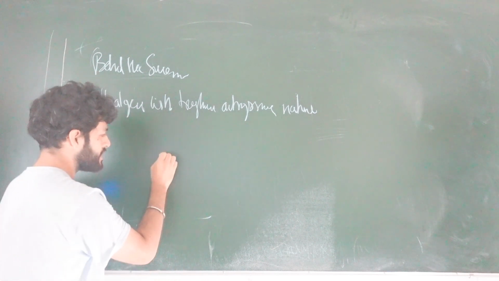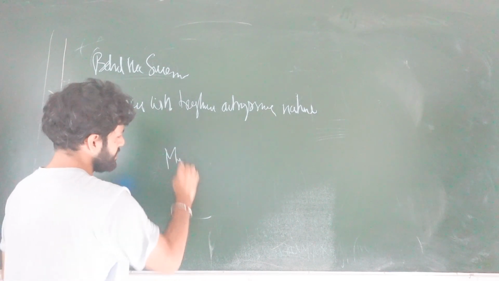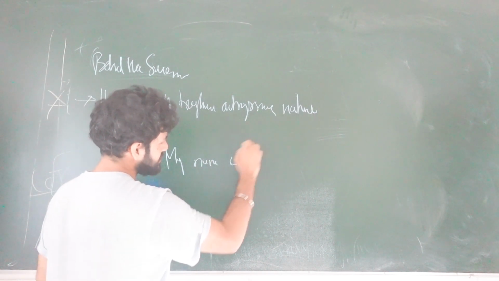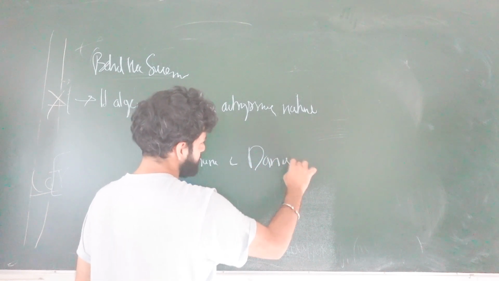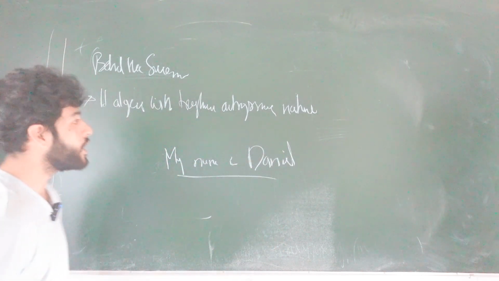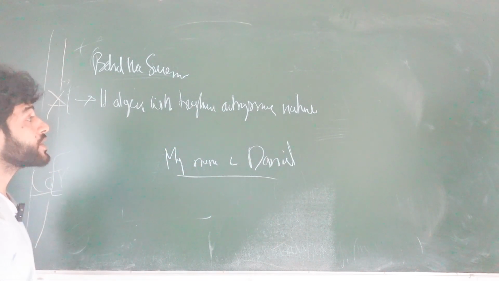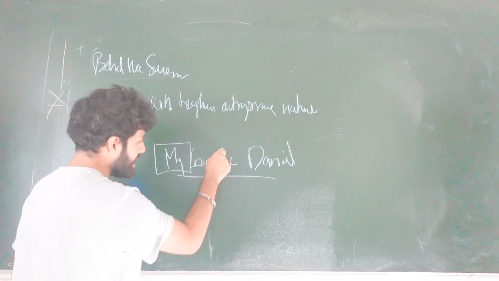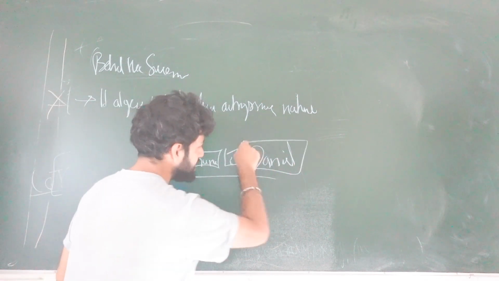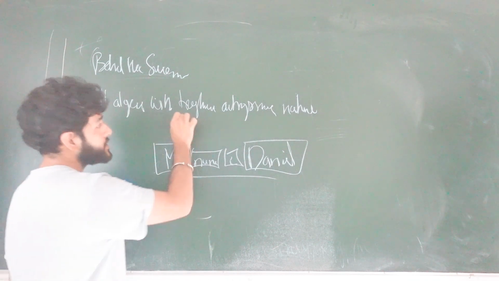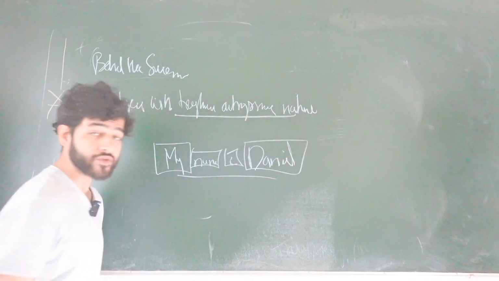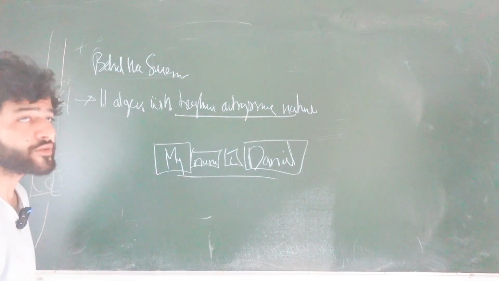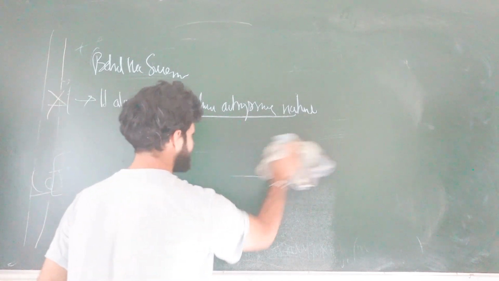Like if I have a sentence, my name is Daniel, the autoregressive nature of transformers is to predict each token one at a time. That's what I'm talking about. It's going to be a complete video lecture, and all of that will be covered. Don't worry.